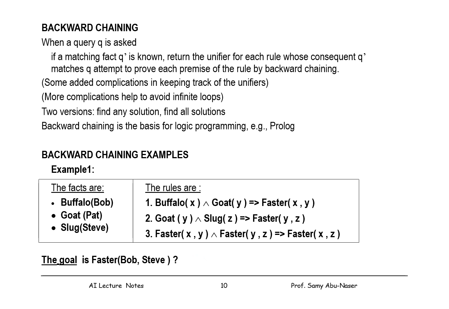Okay. Let's see how we're going to solve it. Remember, in backward chaining we start from the right and go to the left. We start from faster, then we go to buffalo, goat.